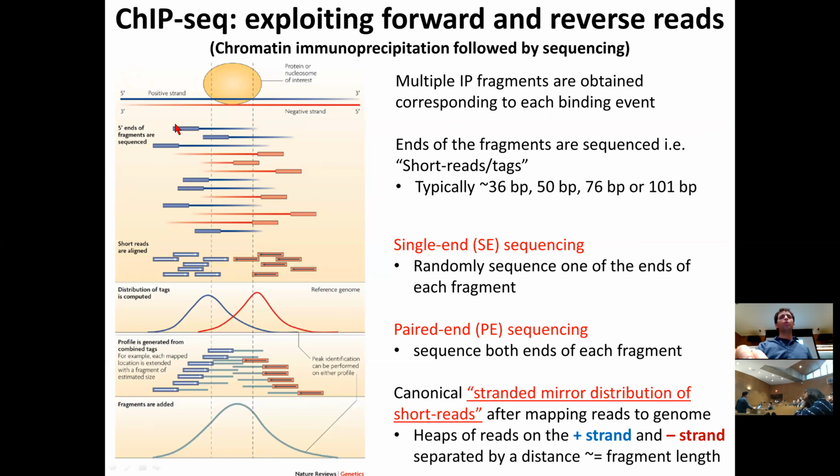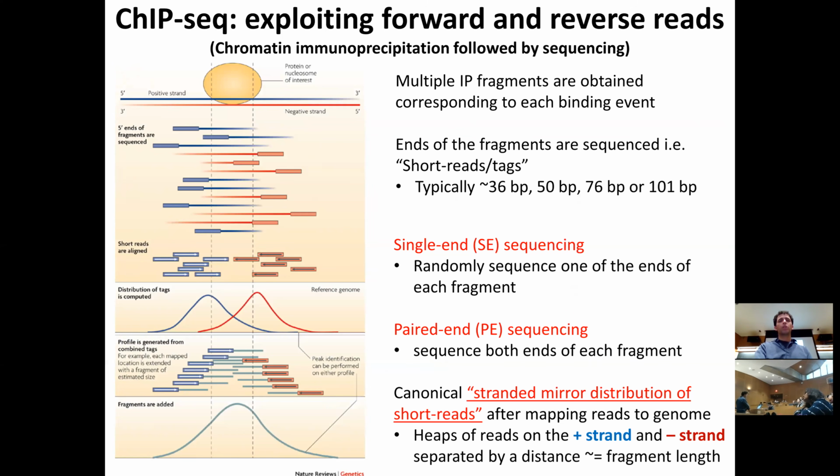So if I have blue reads that are sequencing towards the right, or red reads that are sequencing towards the left, the blue reads better start to the left of this point, and the red reads better start to the right of that point. Okay? Is everybody with me on that?